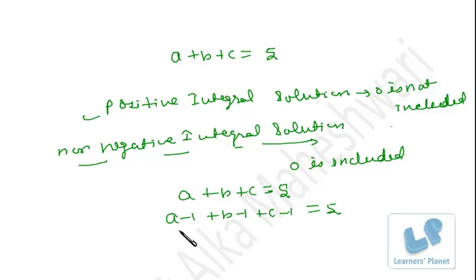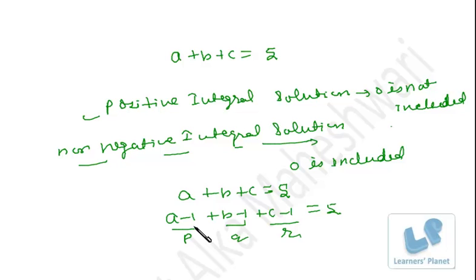So if I convert a to a minus 1, b to b minus 1 and c to c minus 1, that means I take out 1 from each, so after making the positive integral solution, each of them will get at least 1, right? Now at least 1, suppose these are p, q and r. Now p, q and r are at least 1. That means p plus q plus r is 5. We have to find out the positive integral solution.